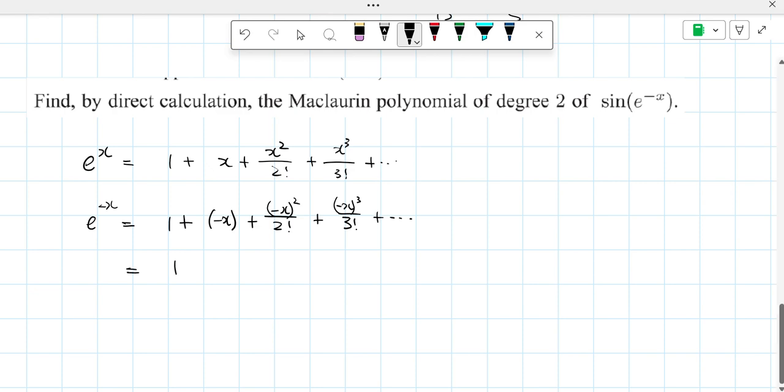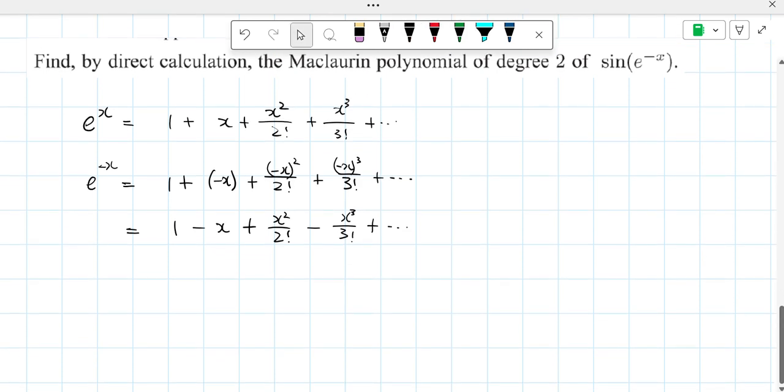It becomes 1 minus x plus x squared over 2 factorial minus x cubed over 3 factorial, and so on. That's easy, right? I'm pretty sure no one has a problem with this. Hopefully.